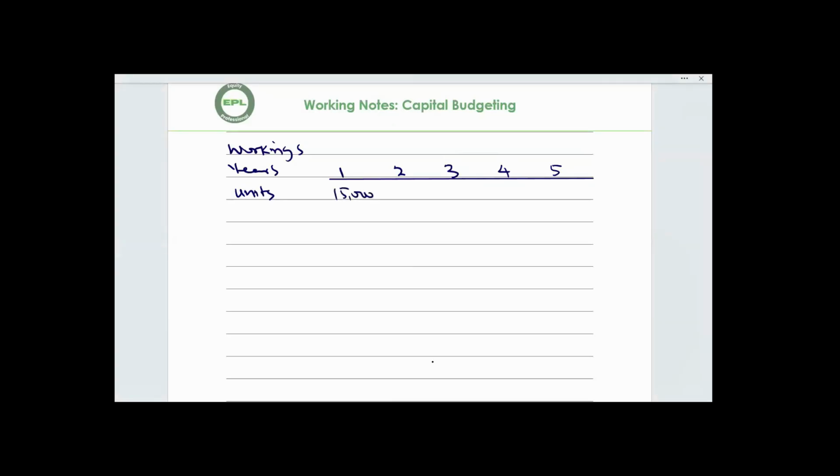Year 2, 40,000. Year 3, 100,000. Year 4, 120,000. And then year 5, 190,000. Okay, so these are the number of units. So let's say this is A. Then working number 1: I want to calculate sales.